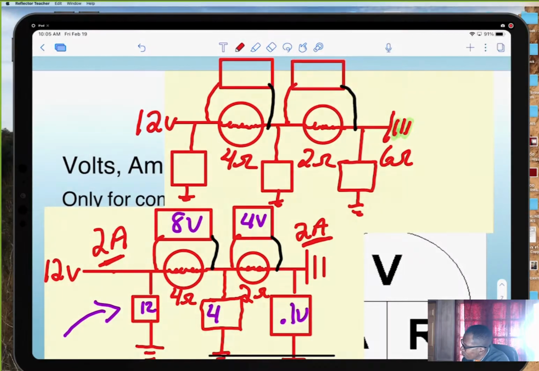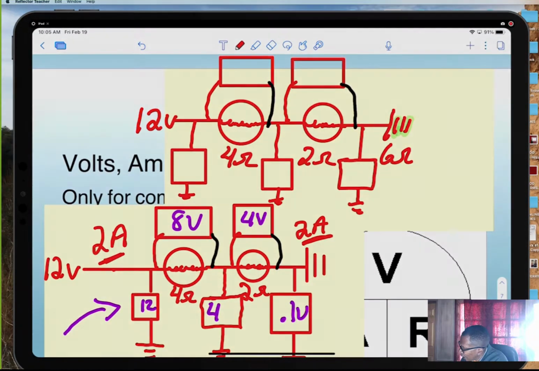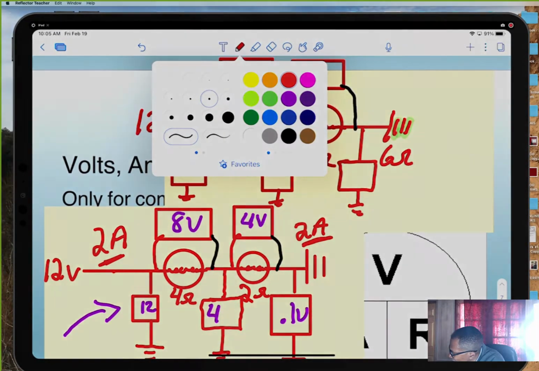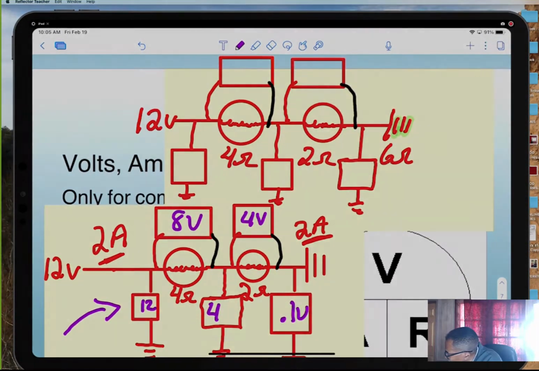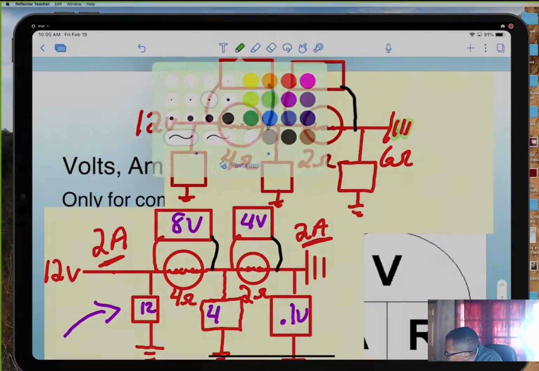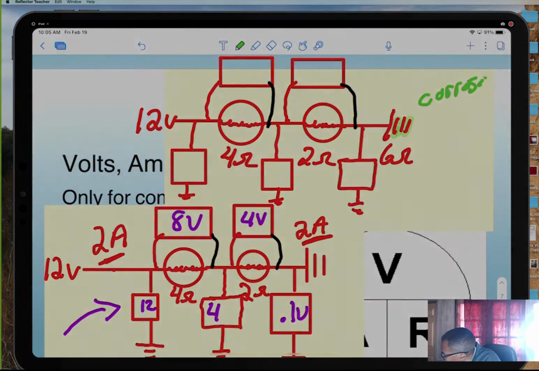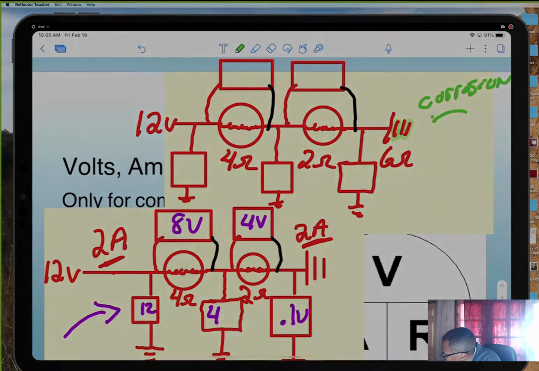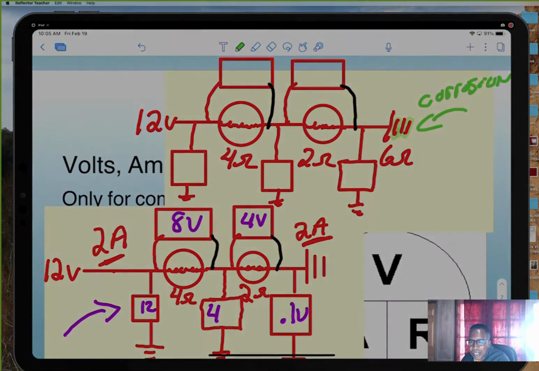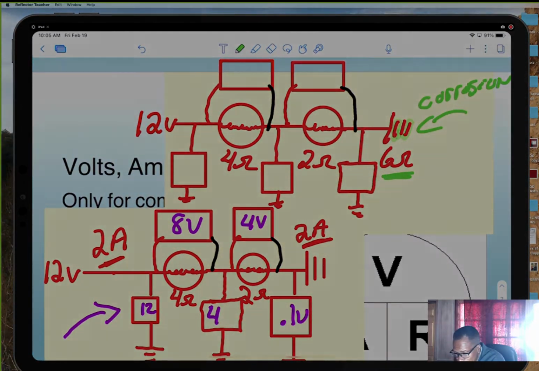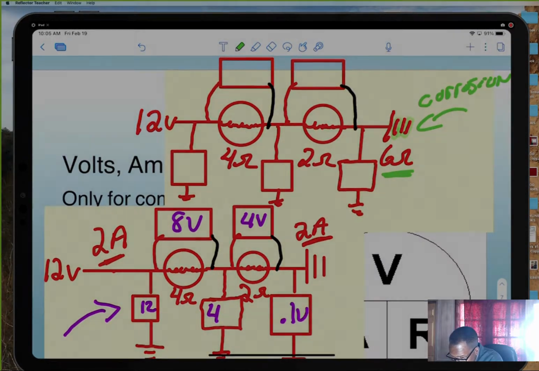Okay, it's almost basically the same circuit, except we have corrosion here. Now you can't measure corrosion at all, but I use 6 ohms just for this mathematical formula, just so you can see the difference.